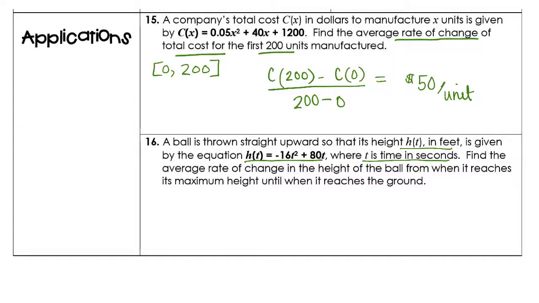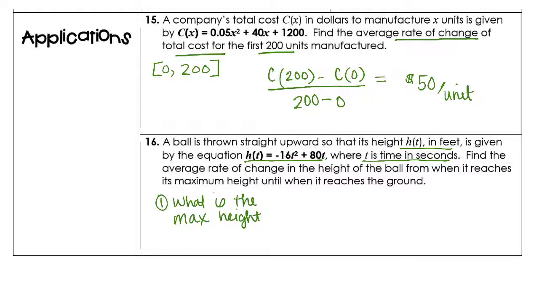The first thing we need to do is find, what is the max height? That's important for us to know, because if we don't know what the max height is, we can't find the average rate of change here.